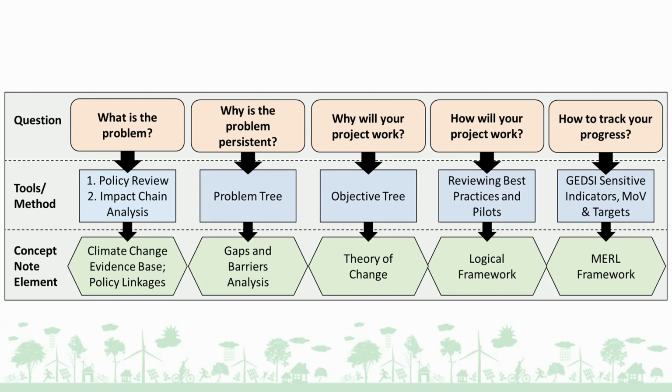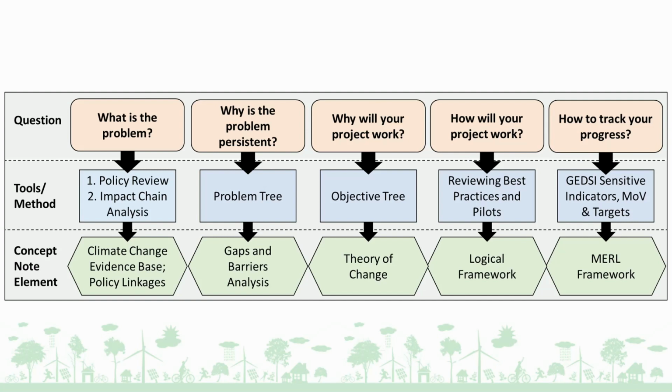Now in this module, we are looking at why the problem is persistent, why the problem has not been solved yet. Because remember, when you're asking the funder for money or for support, you're asking them to help you solve a problem that you are not able to solve on your own. And that's the essence of a climate change problem. A climate change problem is a new problem that you're not able to address on your own.